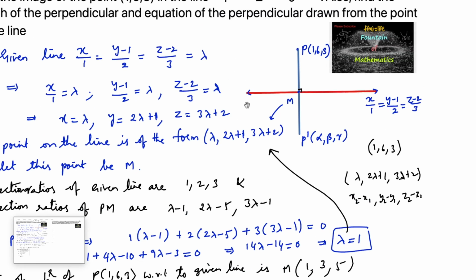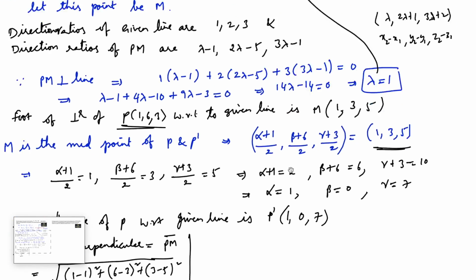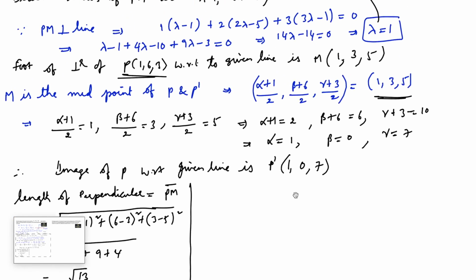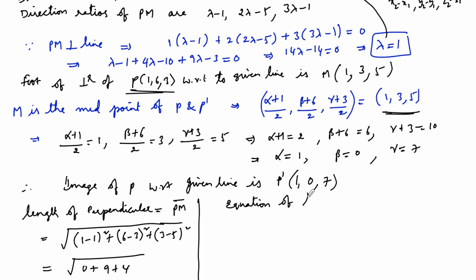And now we need to find the equation of the perpendicular drawn from the point to the line. So let us consider the equation of the line joining these 2 points P and M. Equation of a line joining P (1, 6, 3) and M (1, 3, 5).